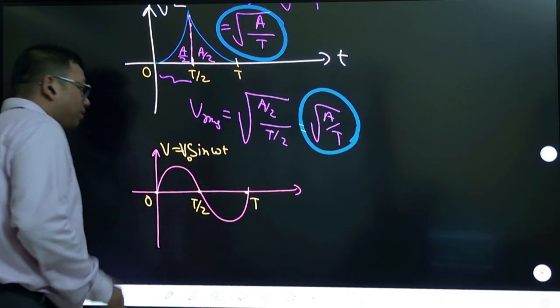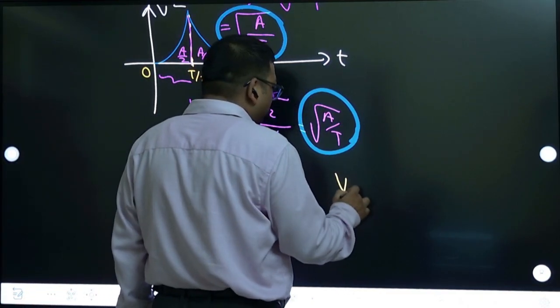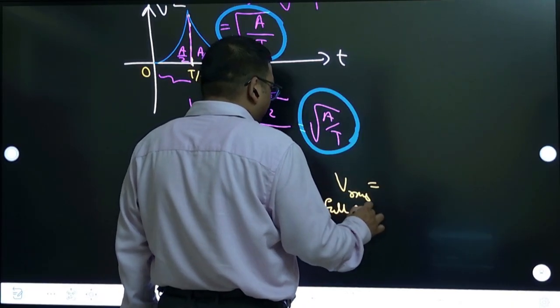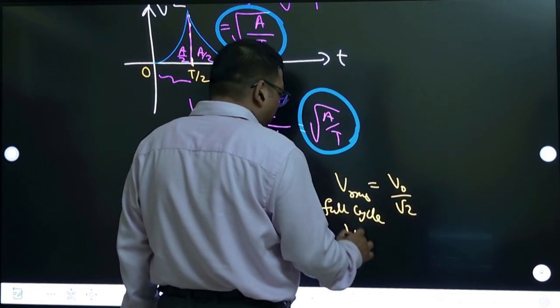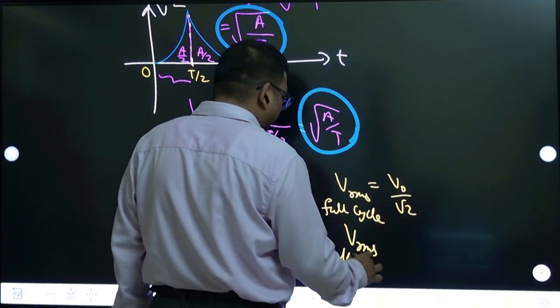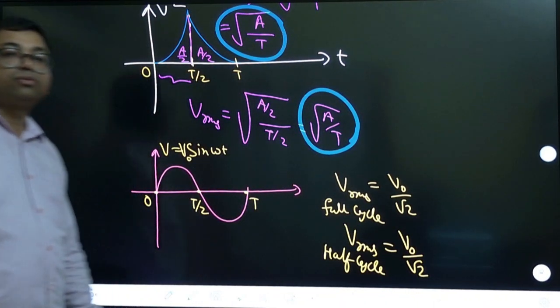We did the RMS calculation over the full cycle, and the full cycle value was V naught by root 2. The RMS over the half cycle was also the same, V naught by root 2.